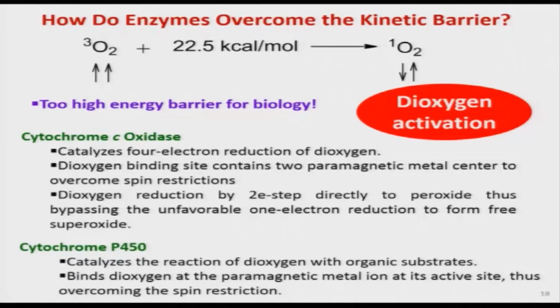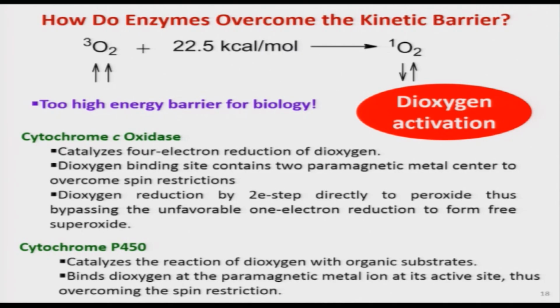Now, I will give another example, which we will discuss in detail in subsequent lectures: cytochrome P450, another very popular enzyme. This enzyme catalyzes the reaction of dioxygen with organic substrates. Here also the dioxygen binds at the paramagnetic metal ion, okay, and thus overcomes this spin restriction.